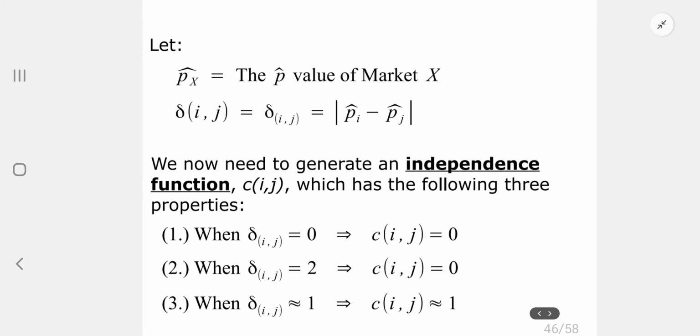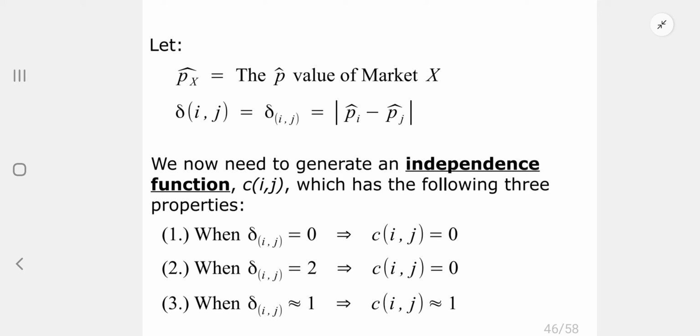Let P hat X equal the P hat value of market X, and let delta_ij, which equals the absolute value of P hat i minus P hat j.